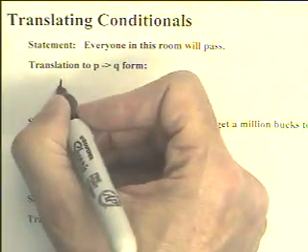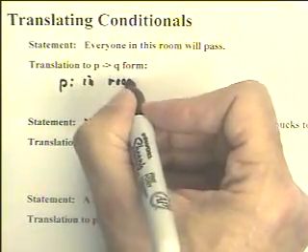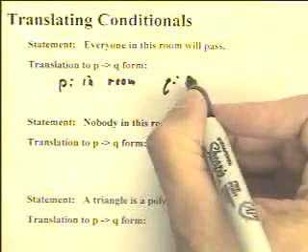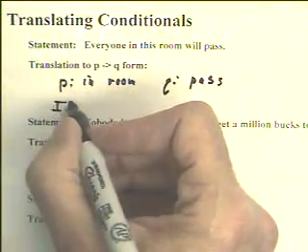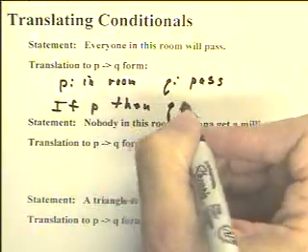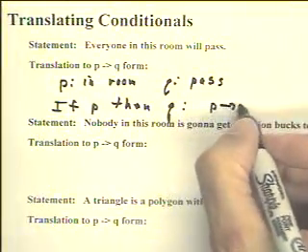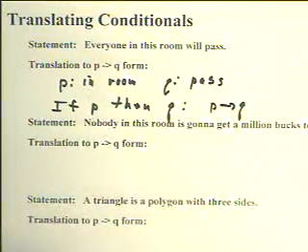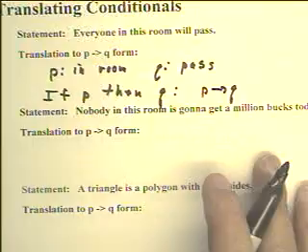So we can let P stand for in room, Q for pass, and we can say that if P then Q translates this statement. If P then Q is another way to write it. If you're in the room, then you'll pass.